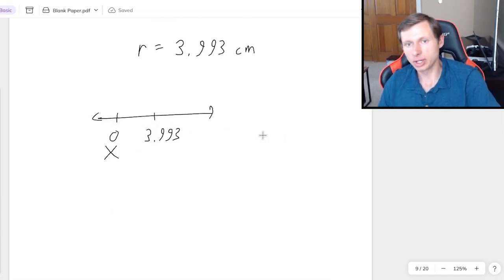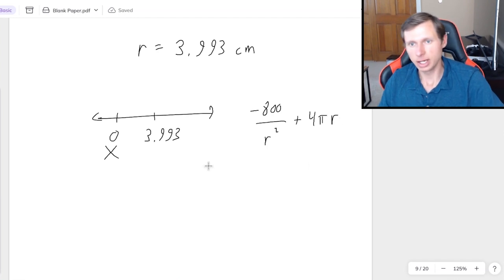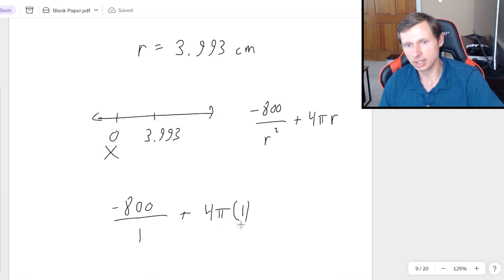So in this case, I'll plug in 1 first. Remember, I'm plugging in the derivative, negative 800 over r squared, plus 4 pi r. And if I plug in 1, that's going to be negative 800 over 1, plus 4 pi times 1. Hopefully you can see, even without a calculator, this is definitely going to be negative.